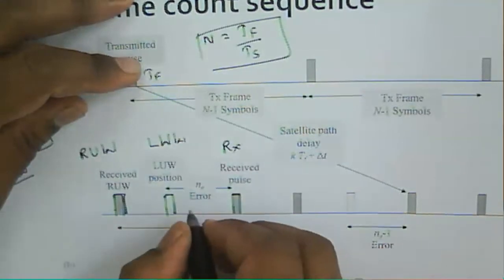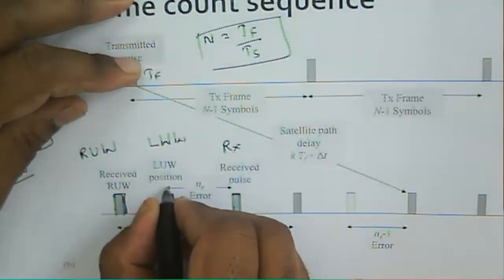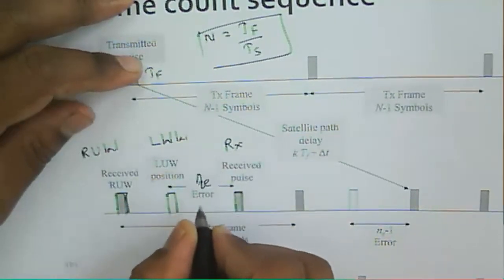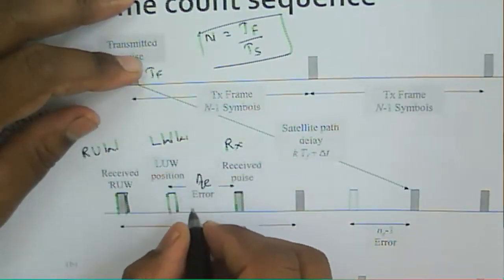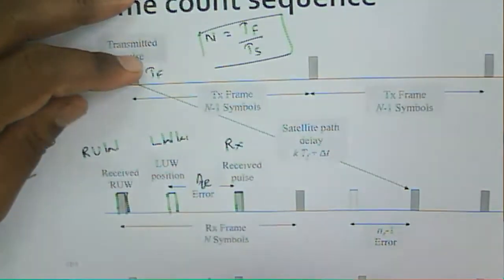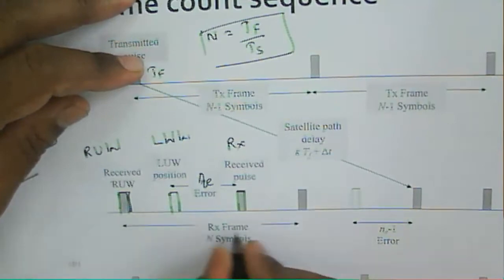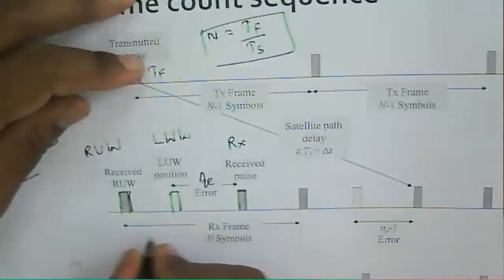In between, this is NE, which is the error. N is a number of symbols, and this is the receiving frame.